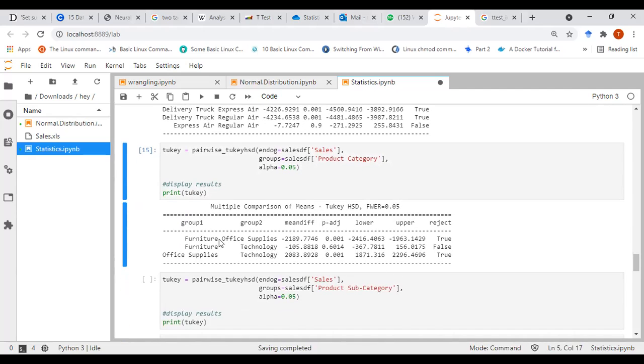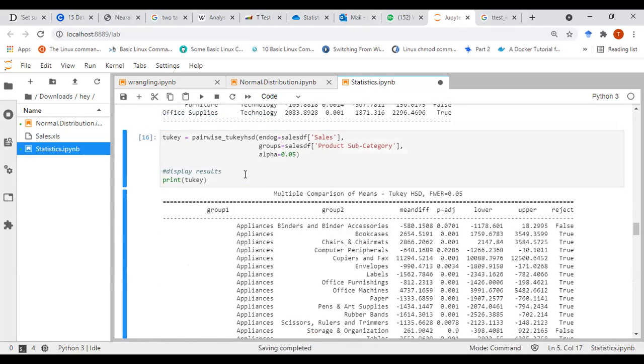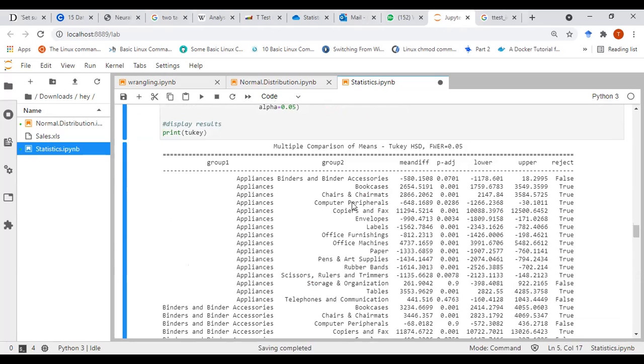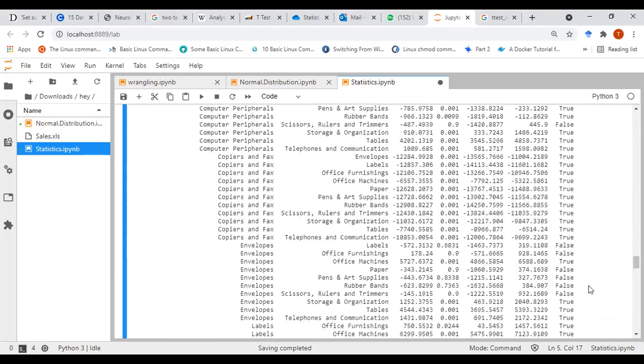In this case, furniture, office supplies, and office supplies and technology. So sales for these 2 and sales for these 2 are significantly different from each other. For the product subcategory, oh wow, there are so many subcategories. Appliances, bookcases, appliances, chairs, appliances, computer peripherals, all of these are true. So there are so many truths here.